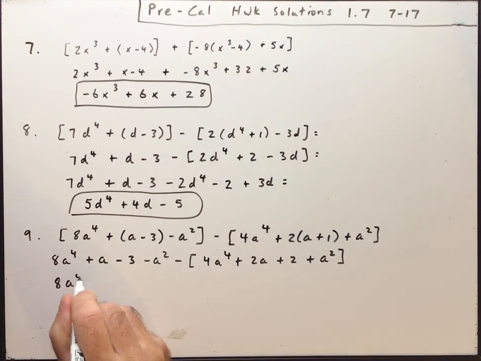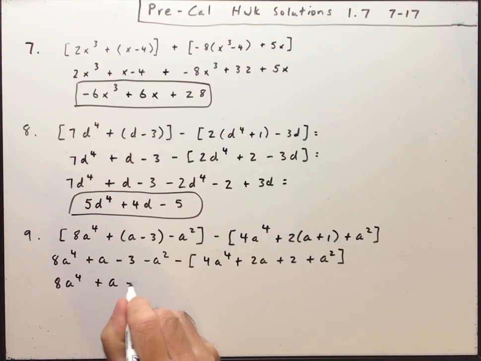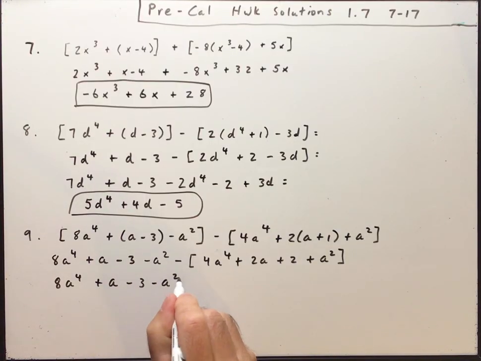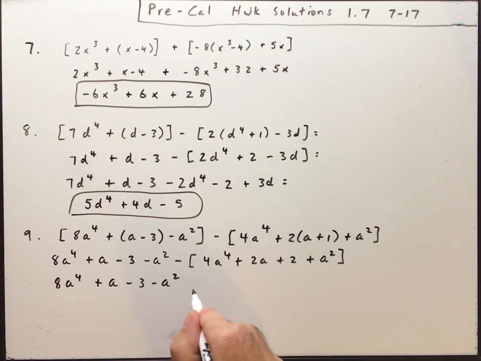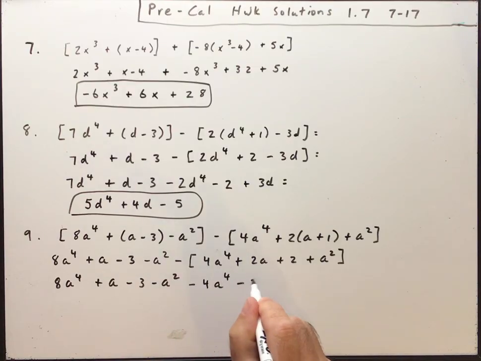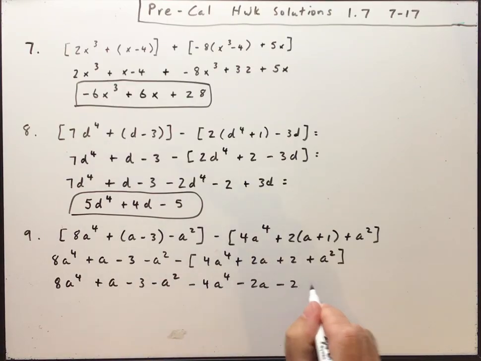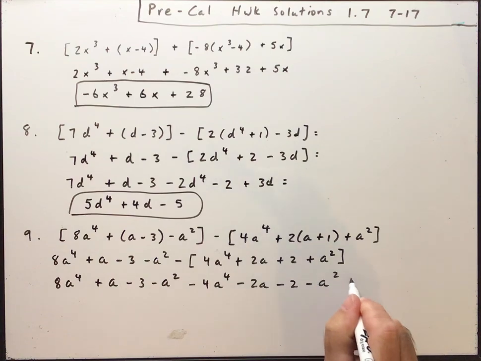Now we'll do the subtraction. We're going to distribute that negative sign across all four terms. So that's going to be minus 4a to the 4th minus 2a minus 2 minus a squared.